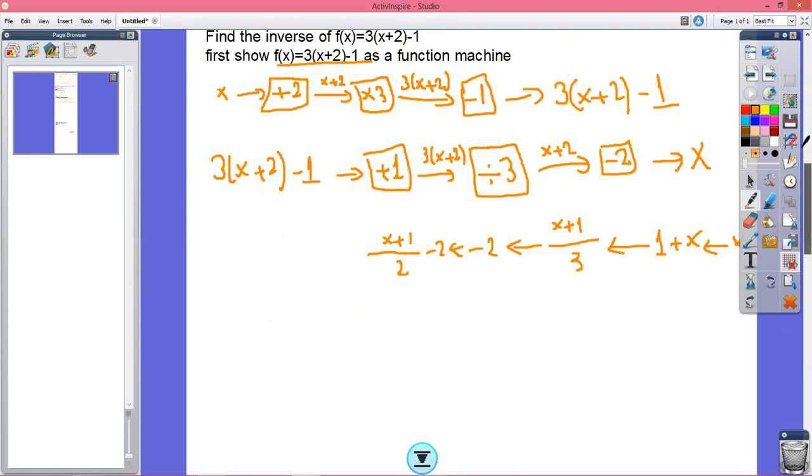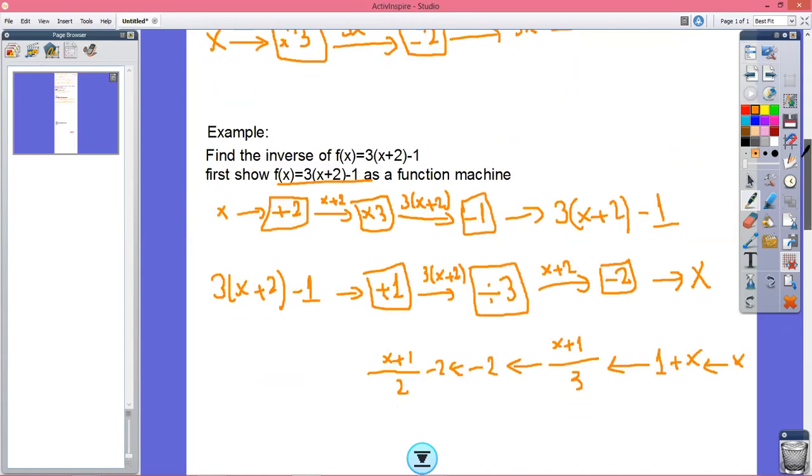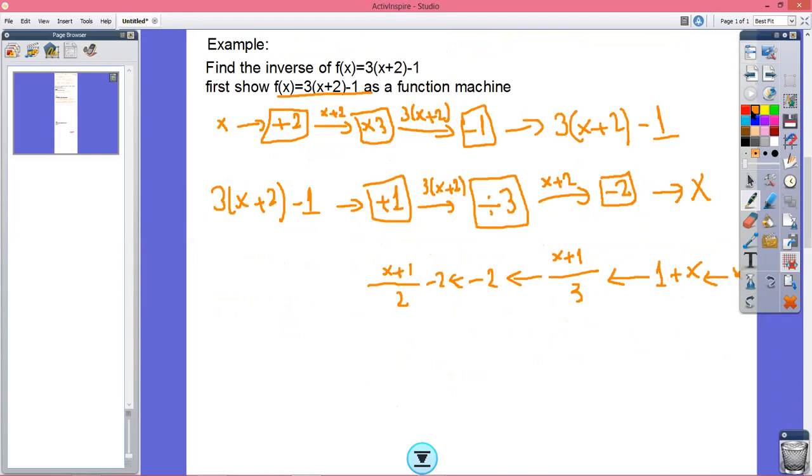Now let's go up. Here what do we have? Here we have F of X is equal to 3 open parenthesis X plus 2 close parenthesis minus 1.